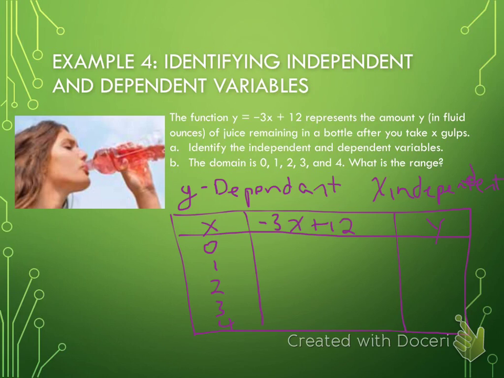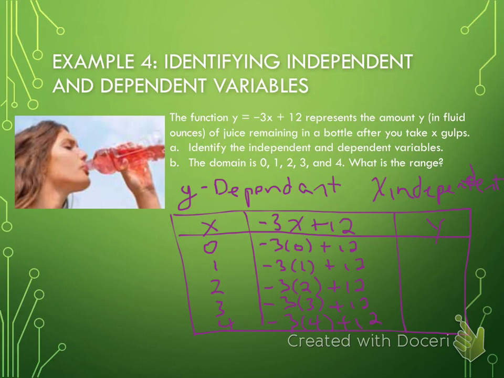Would it make sense to have a negative 1 or any negative values? No, it wouldn't, because any negative values would mean that we have negative gulps. And we can't have negative gulps. So we're just going to rewrite this equation, subbing in these x values for my x.